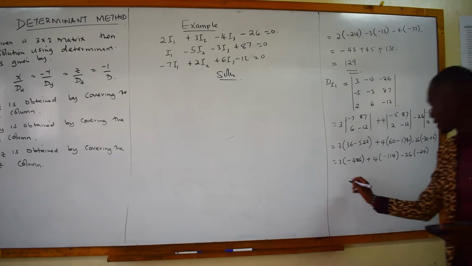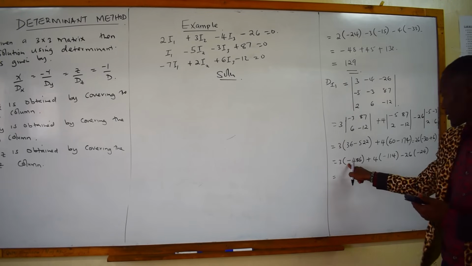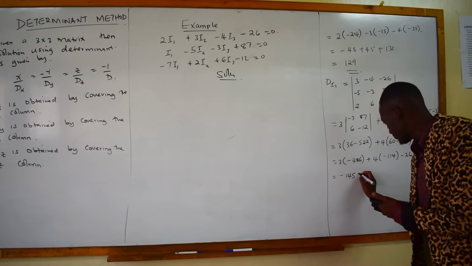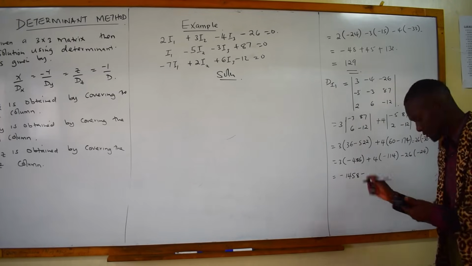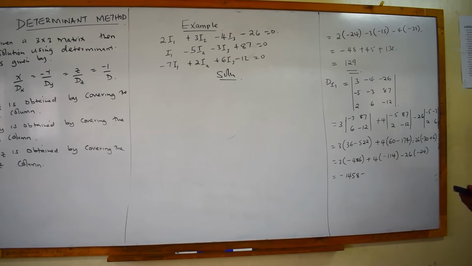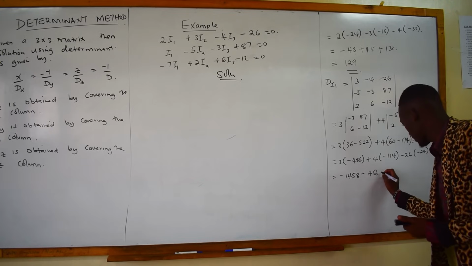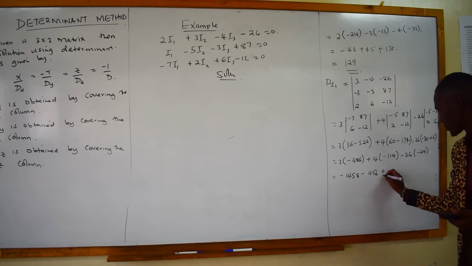Then opening up the brackets, we shall have 3 times 486, which will be a negative because of this negative here. So we shall have negative 1458. Then we have a negative and a positive, so the term here will be negative. So we have 114 times 4, which gives us 456. Then we have a negative and a negative, so this term will be positive.